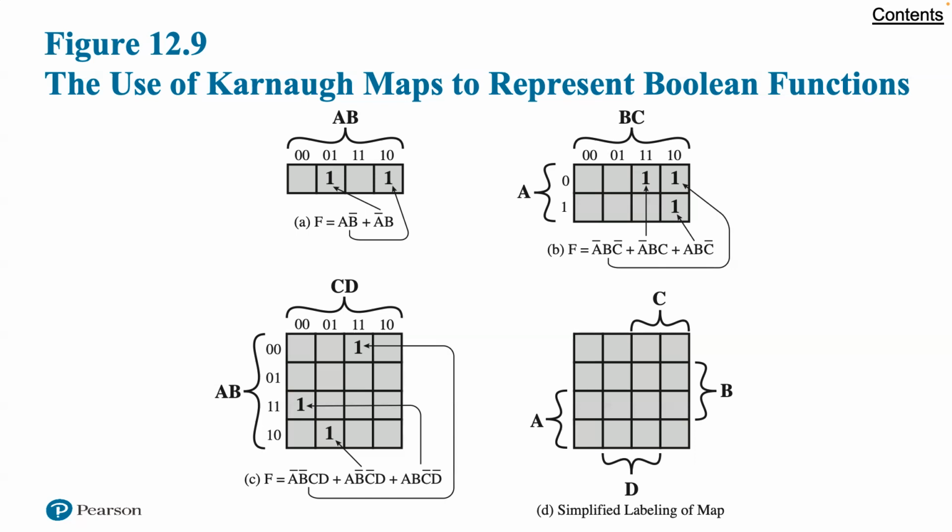Thus, for the 2 variable example, the map corresponds to AB plus AB. Given the truth table of the Boolean function, it is an easy matter to construct the map. For each combination of values of variables that produce a result of 1 in the truth table, fill in the corresponding square of the map with 1.